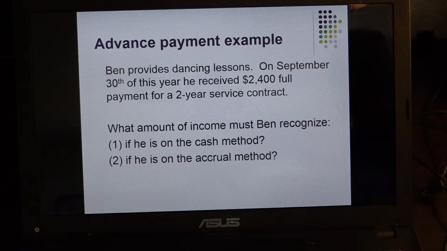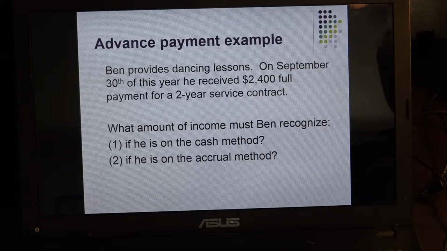So we have an example here. Ben provides a service, dance lessons. On September 30th of this year, he received $2,400 full payment for a 2-year service contract. What amount of income must have been recognized? Number one, if he is on the cash method.